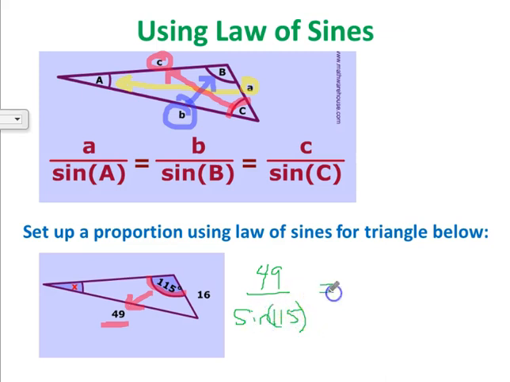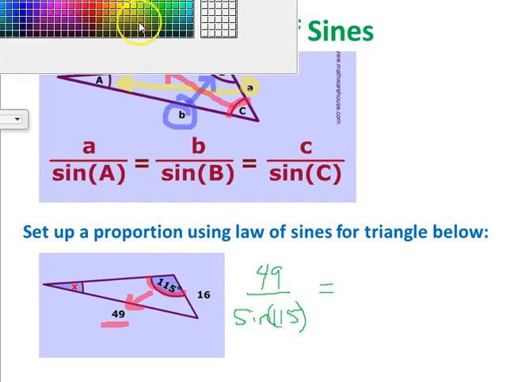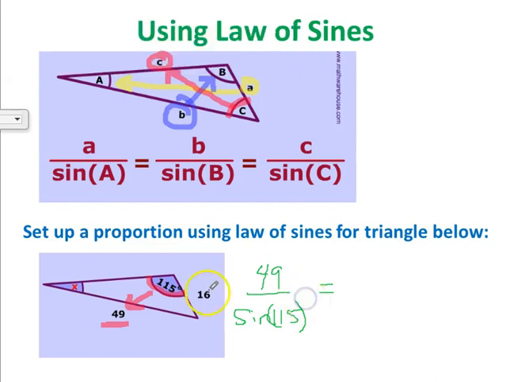I'm going to set that equal to, now, I've got this side here, and I'm trying to find the angle measurement opposite to that side. So I'm going to set up another ratio, which is going to be that side length of 16, and then sine, we don't know. We're trying to find that angle measurement.